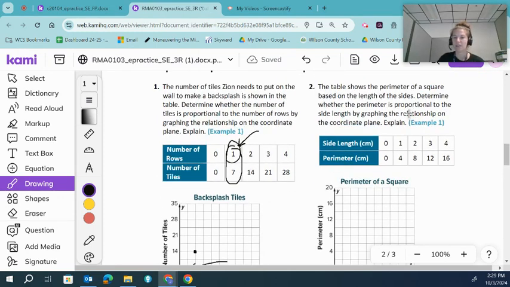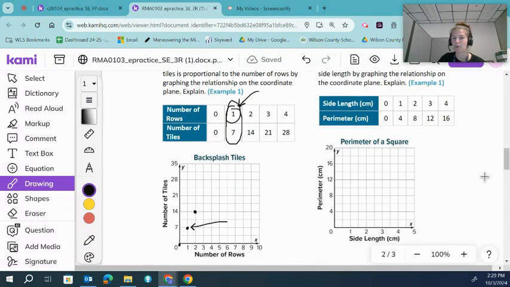Okay, same thing is going to be true on the next one because this is also a proportional relationship. It goes through 0, 0. The rate of change is the same. Okay, so my constant of proportionality or my unit rate is going to be right here at 1, 4. Okay, and when we graph that, it is going to be this point right here.